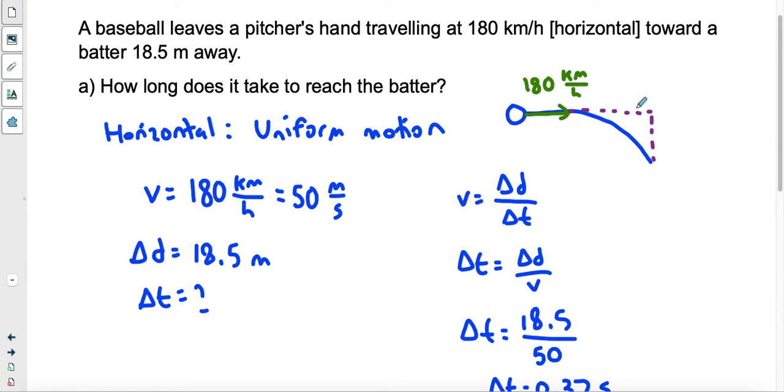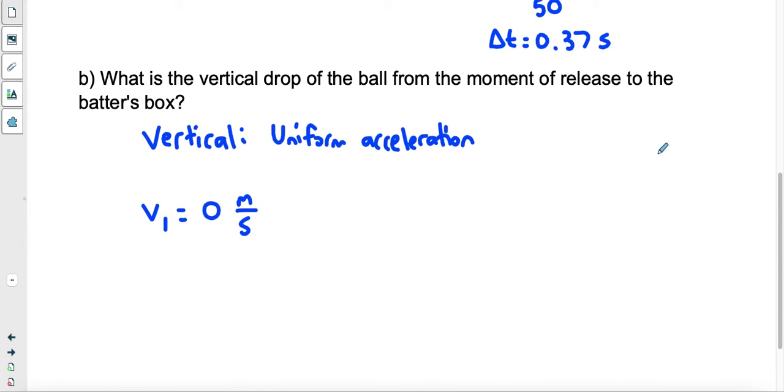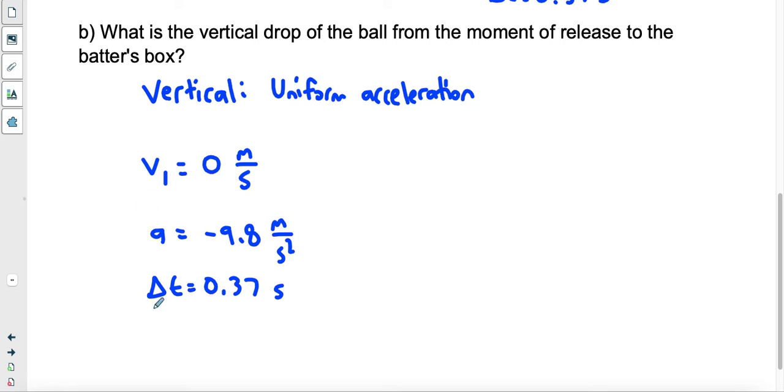We know the acceleration due to gravity is 9.8 meters per second squared pointing down. So the acceleration is going to be negative 9.8 meters per second squared. And we know how long it's going to take, 0.37 seconds. And what we're looking for is the total vertical drop. What distance does it drop?